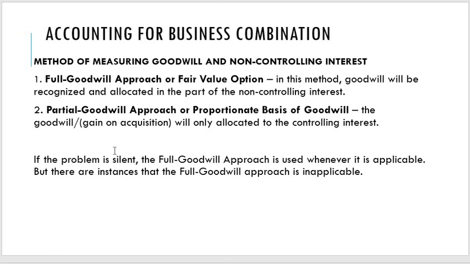Therefore, the non-controlling interest has no share in the goodwill. If the problem is silent, the full goodwill approach is used. However, there are instances that full goodwill is inapplicable. But if the problem is silent, we'll use full goodwill.